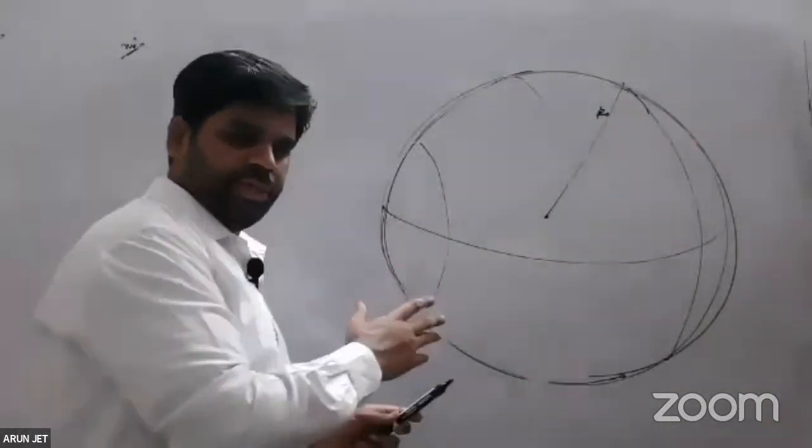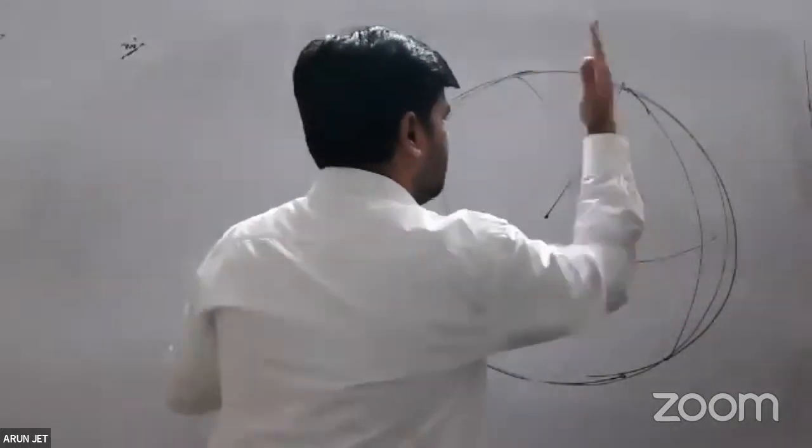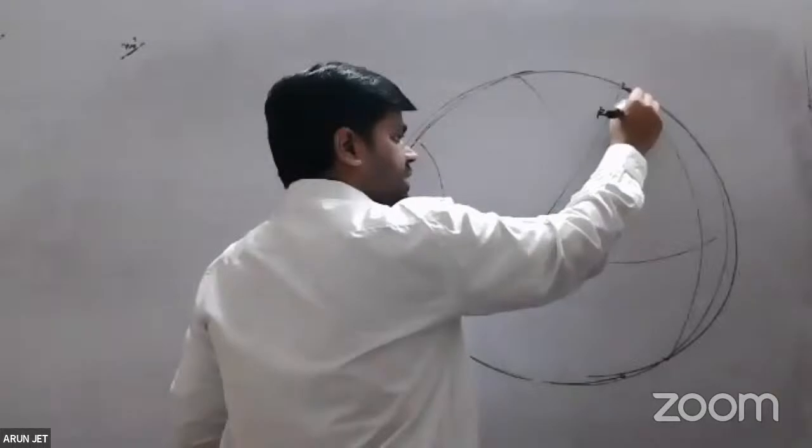I chop this sphere with a vertical plane like this. When I chop this with a vertical plane, what I get is a circle.